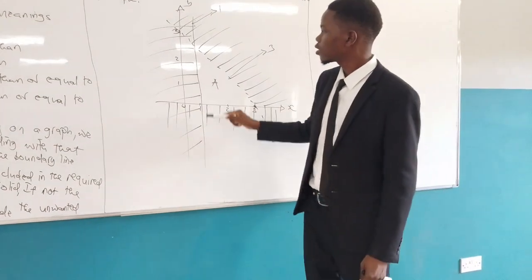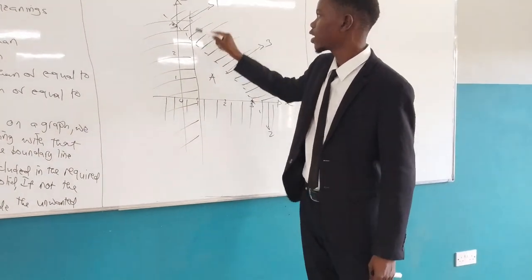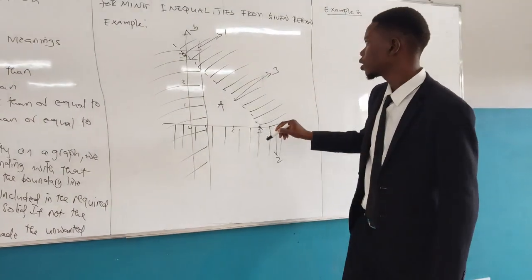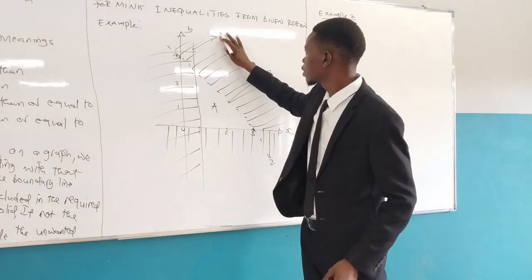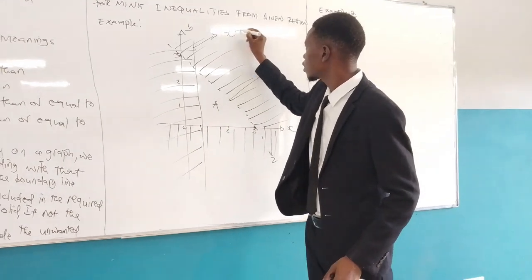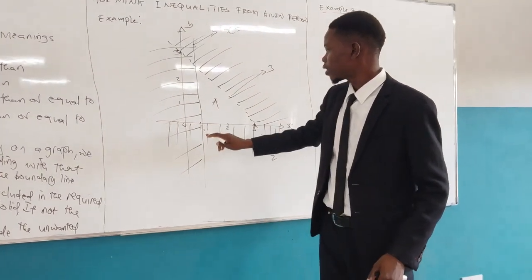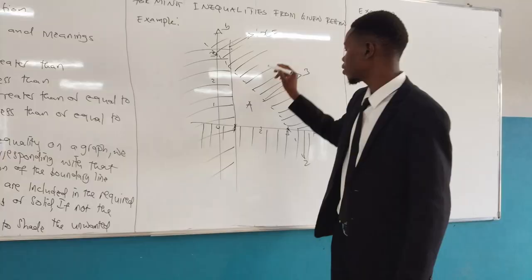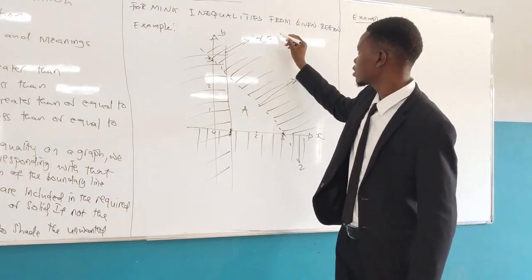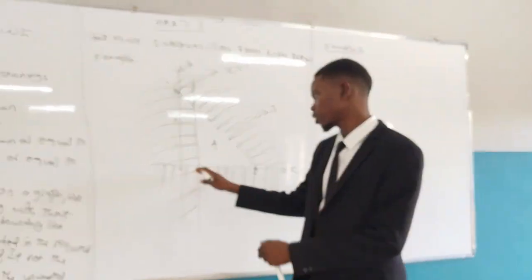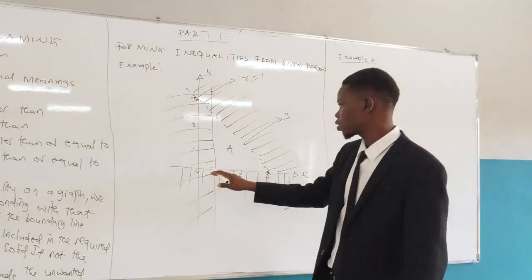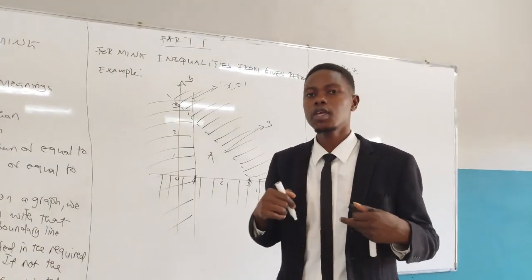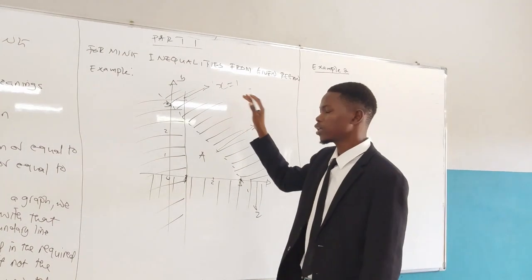That means the equation extracted from this line is going to be x equal to the number that has been cut here. So this is x equal to 1. The first thing, you have to come up with the equation before coming up with the inequality.